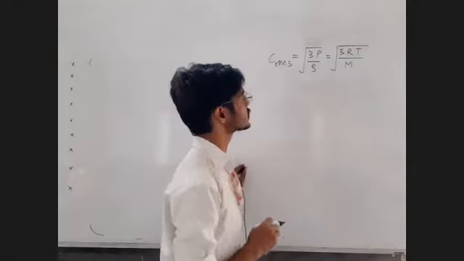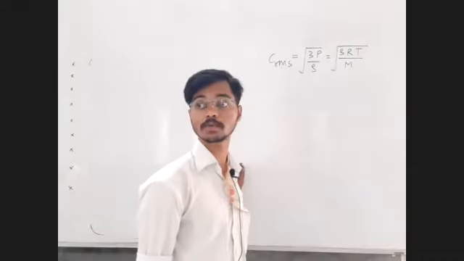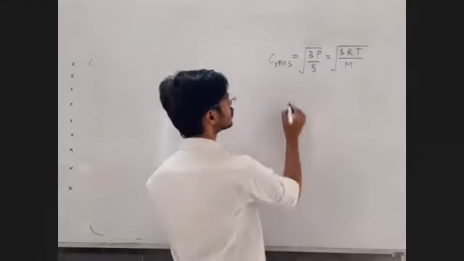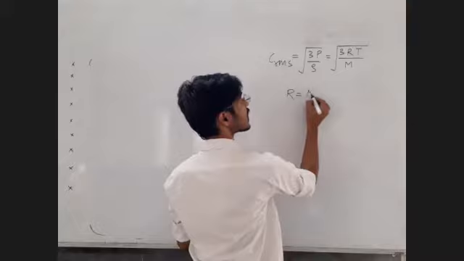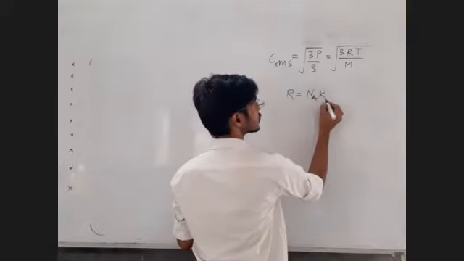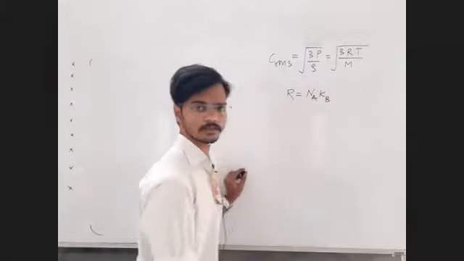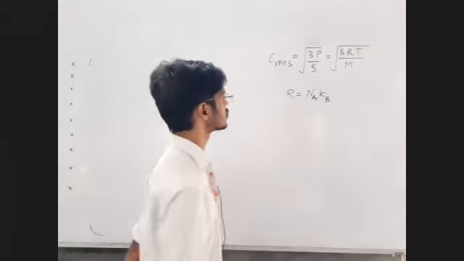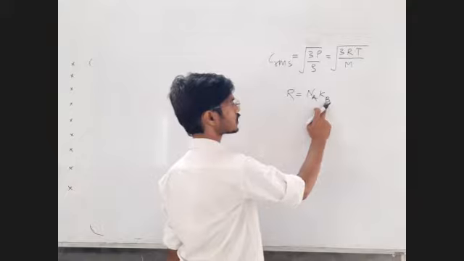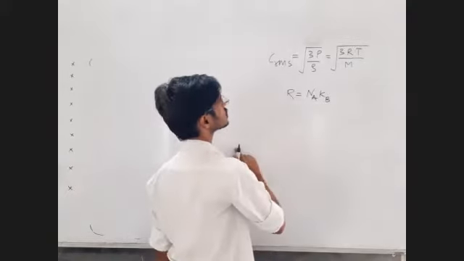Now let us try to write the same answer in terms of mass of single molecule. To write mass of single molecule, there are two replacements. First replacement is R is equal to NaKb, where Kb is a Boltzmann constant. These are three universal constants: Avogadro number, Boltzmann constant, and universal gas constant.